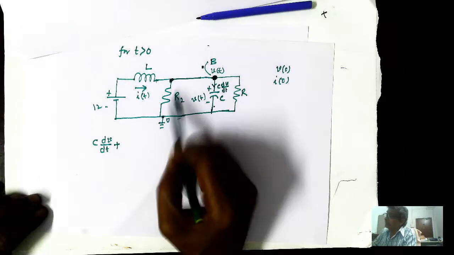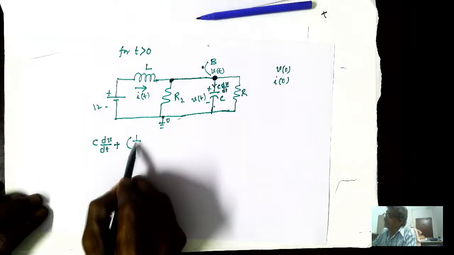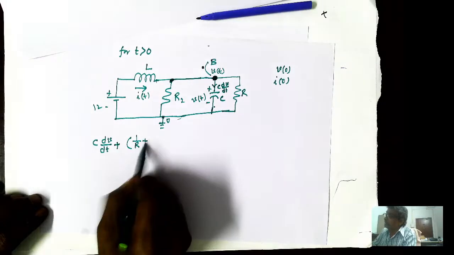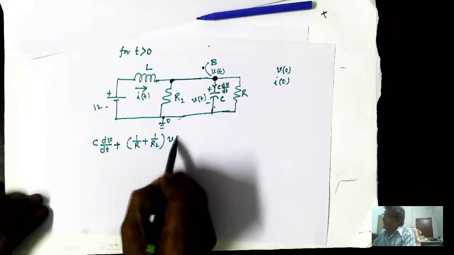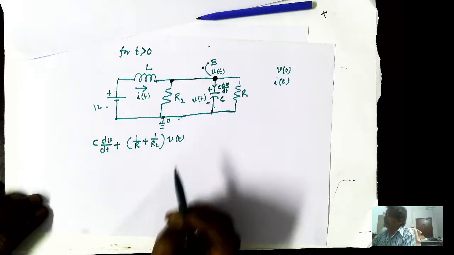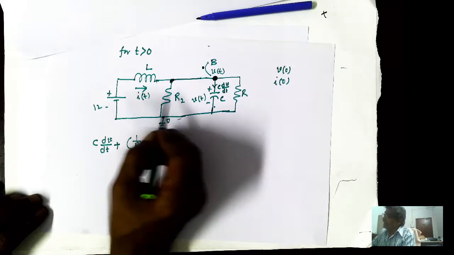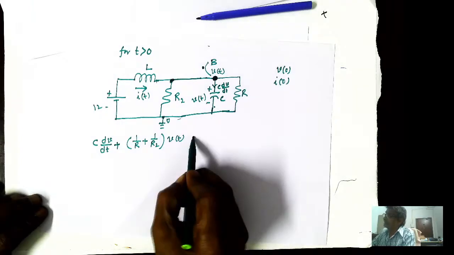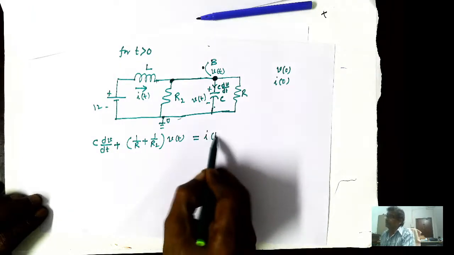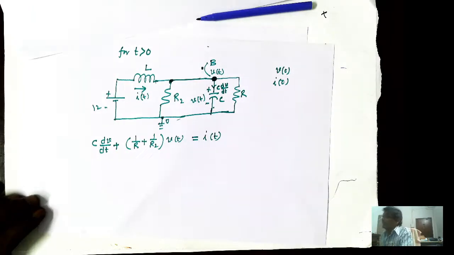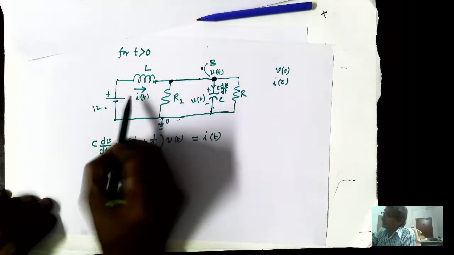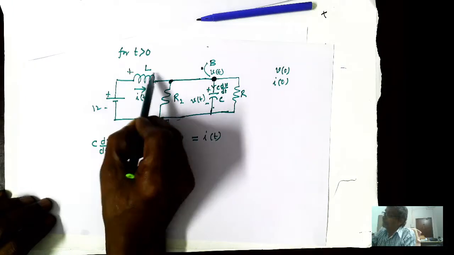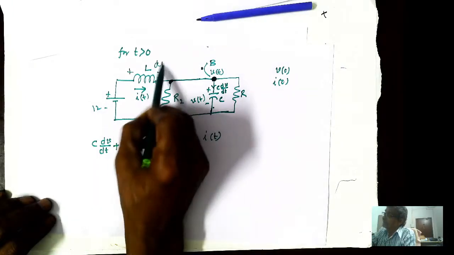So this can be combined together as (1/R plus 1/R2) times V(t). And this must be equal to the current coming in, which is equal to the inductor current I(t). Now look at this inductor current. The potential difference between these two points has to be L di/dt, as we have learned earlier.